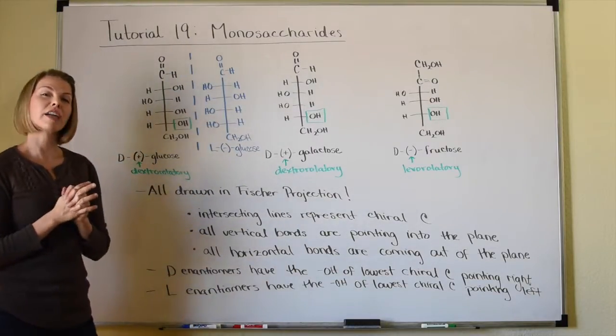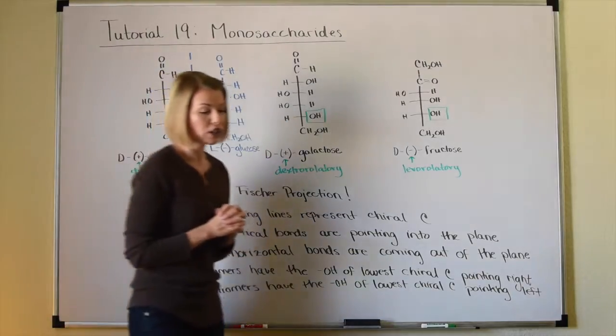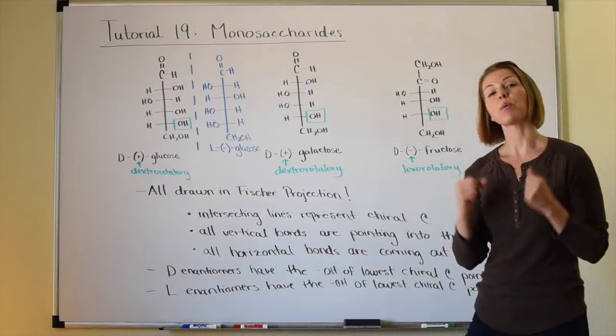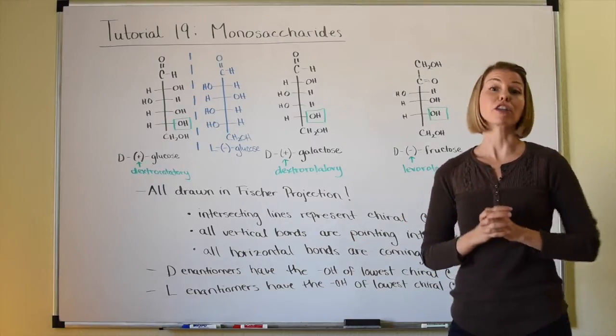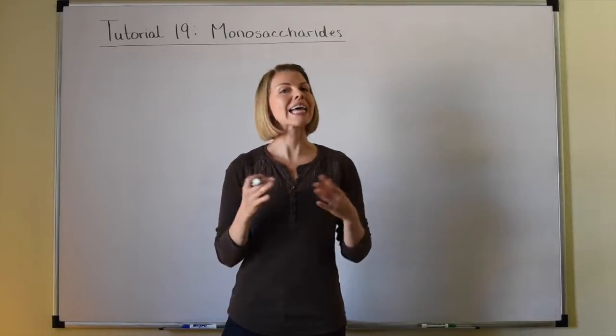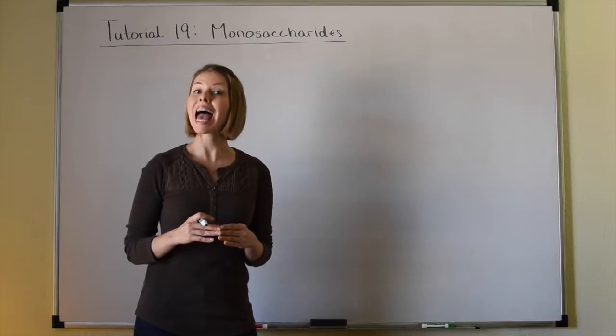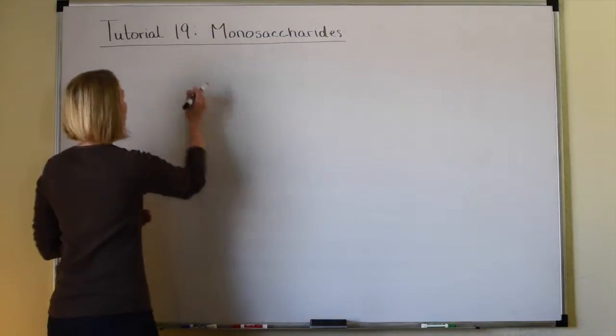All right, so we're going to go ahead and erase here, and we're going to go on to slide number 3 and talk about some reactions that will be relevant to monosaccharides. Aldehydes and ketones can react with alcohols to form hemiacetals. I'm going to write that up here.